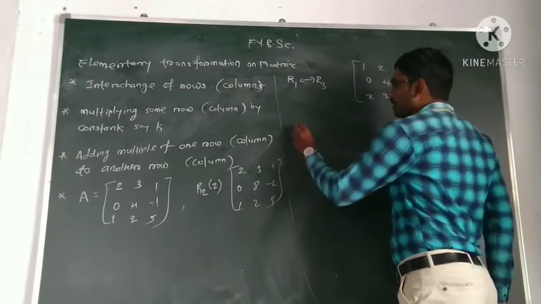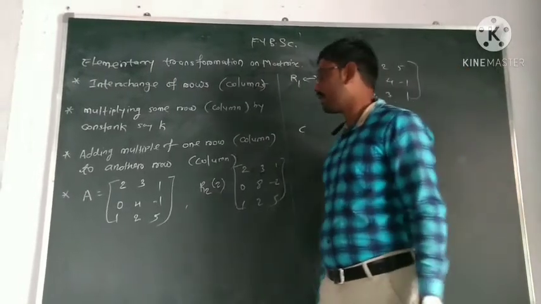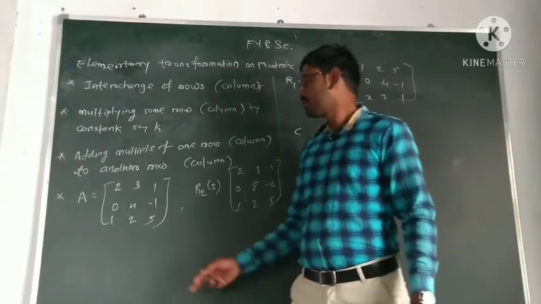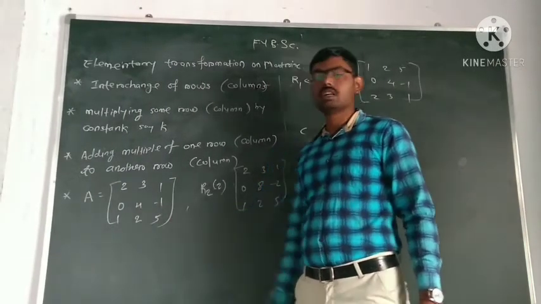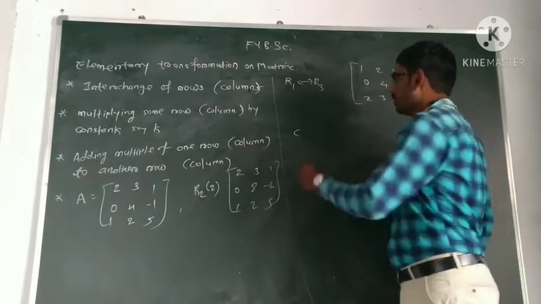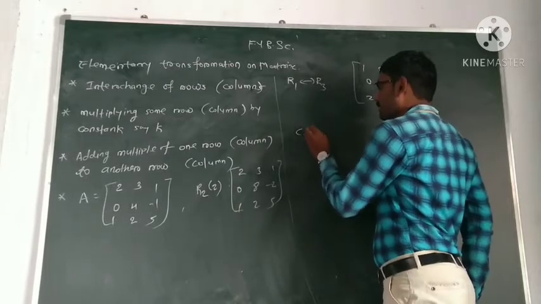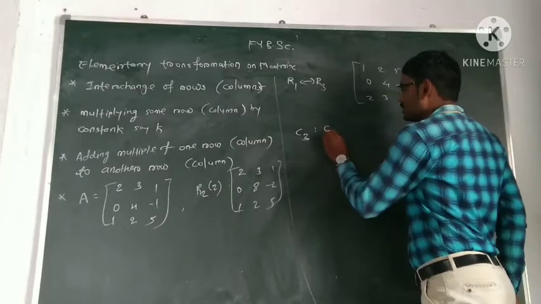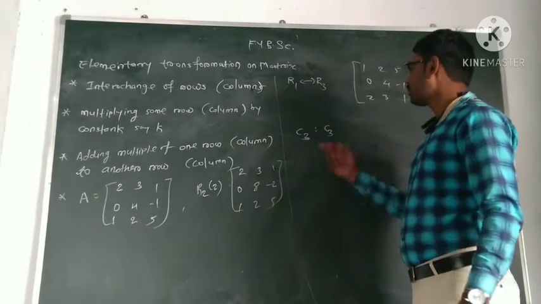Now, we will apply an elementary transformation to columns. We will add a multiple of the second column to the third column.